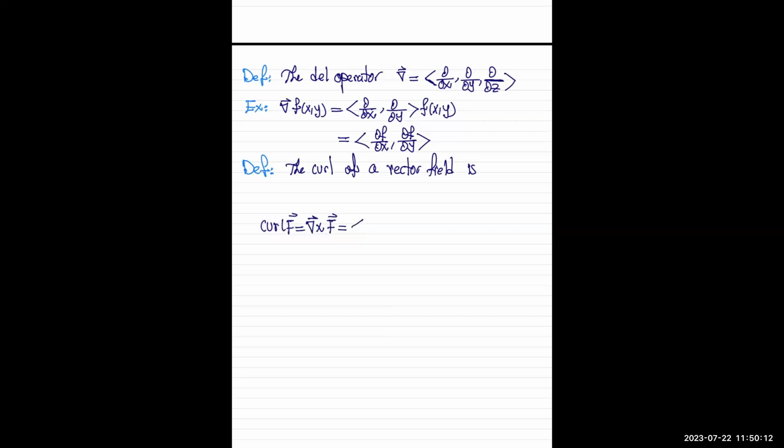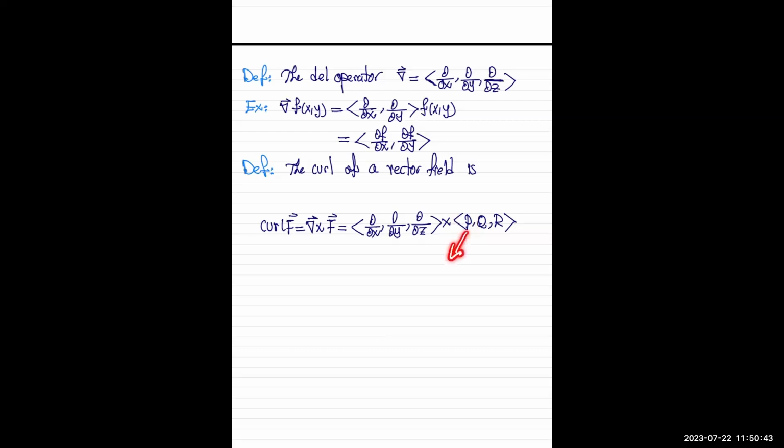So what does it look like? It is the del vector, which has those partial derivative operators, crossed with the vector field in 3 dimensions. Let's say the vector field has elements P, Q, and R. Okay, these are functions of x, y, z.